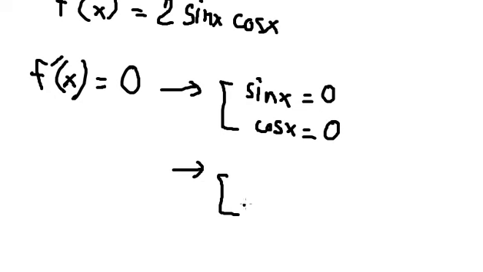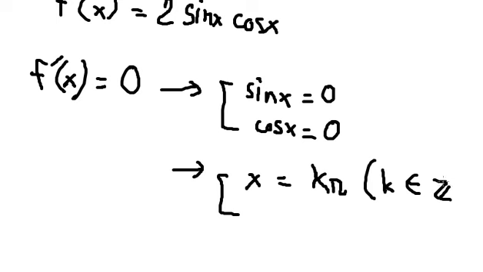So we have x equals kπ, where k belongs to the integers. And the second one is π over 2 plus kπ.